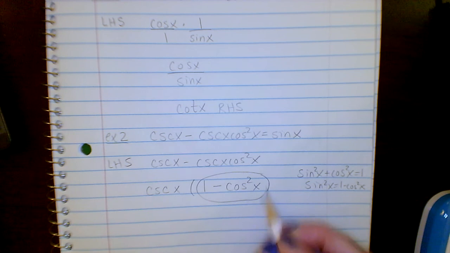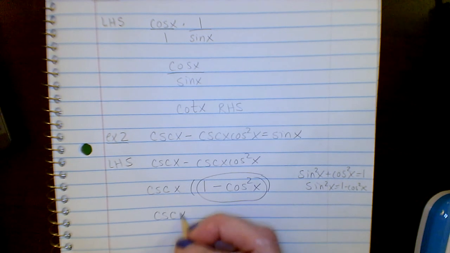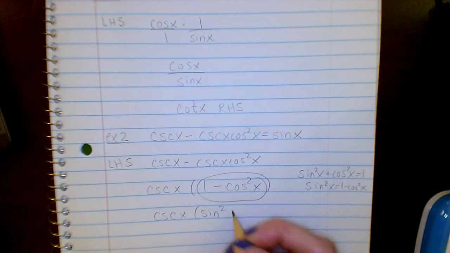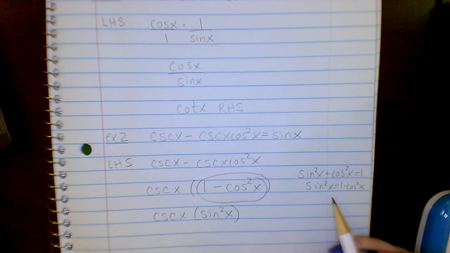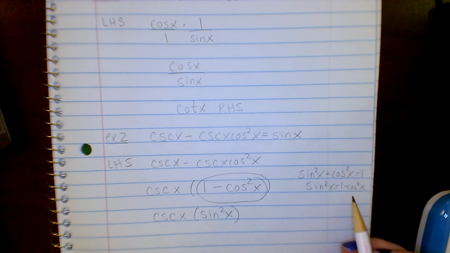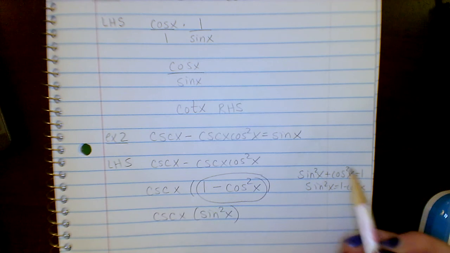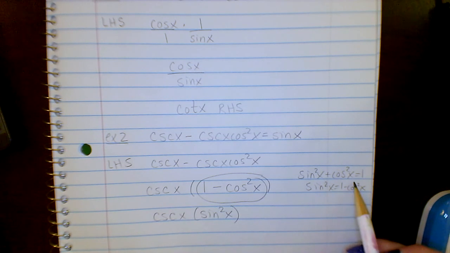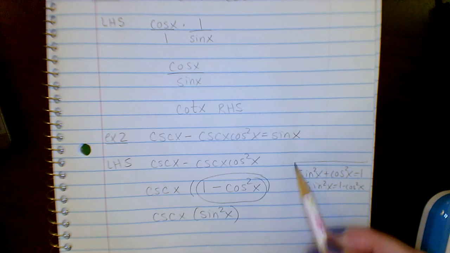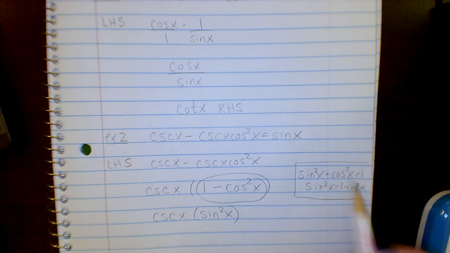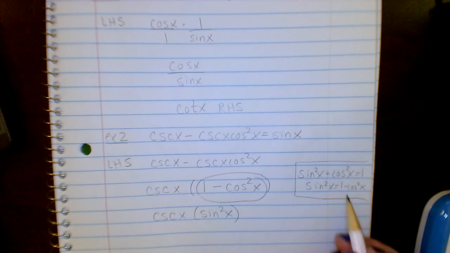So this is the same thing as sine squared. Now you might be thinking, you said I couldn't do something to both sides of the equation. I did when you're verifying an identity. This is not something to be verified. We know this to be true. So this is taking a known formula and manipulating that equation.